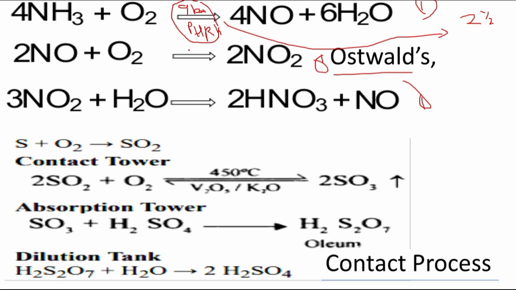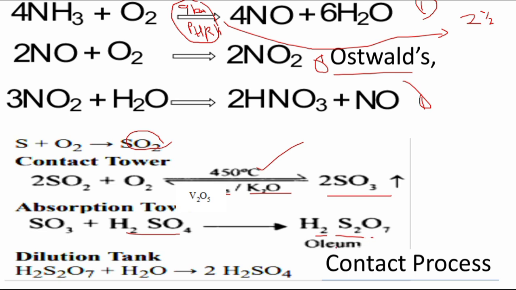Next we will go to the contact process. Everything is mentioned clearly. S plus O2 gives rise to SO2. Then SO2 plus O2 treated with V2O5 or K2O at 450 gives rise to 2 SO3. SO3 treated with H2SO4 gives rise to oleum, H2S2O7.